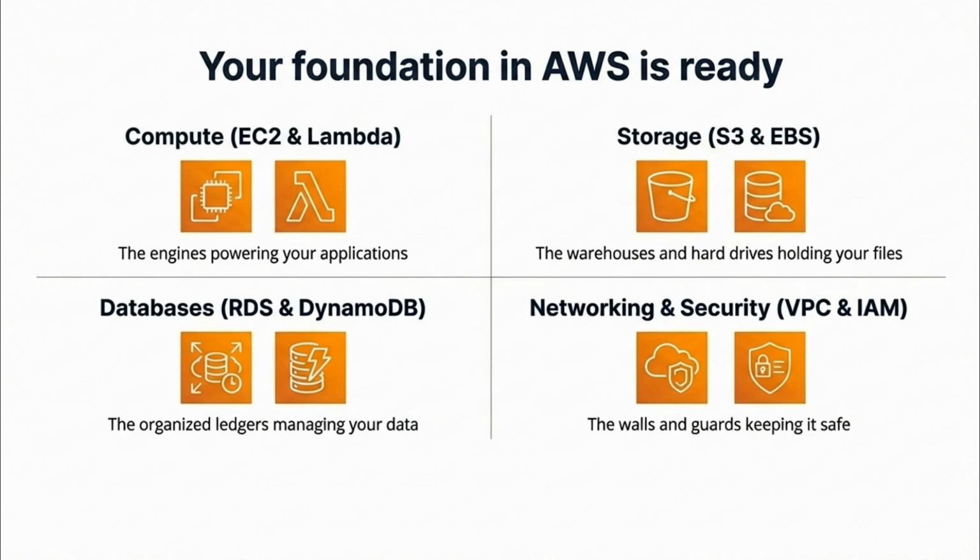So I hope you have understood the whole process. We covered almost all the basic things required for the AWS core services. So we learned compute, database, storage, and networking. I hope you have understood.